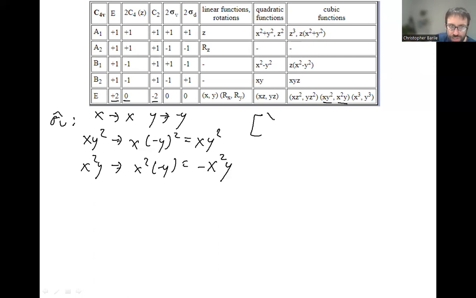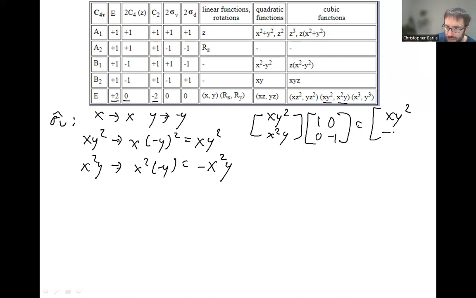So our matrix of xy squared and x squared y, how does that transform? Our 2 by 2 matrix is 1, 0, 0, negative 1, because that gives us xy squared going to itself and x squared y going to a negative of itself. And so now we take the sum across the diagonal, and lo and behold, we get 0, which is what we wanted. Last one here of the video, and we're done checking, is just sigma d.